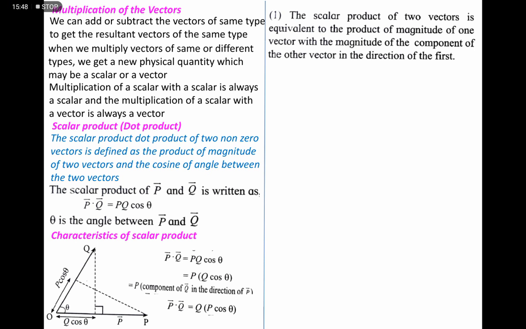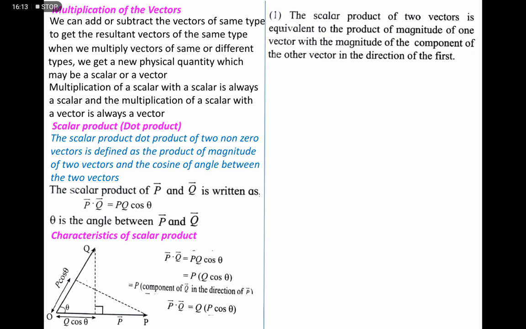From this, the first characteristic is: the scalar product of two vectors is equivalent to the product of the magnitude of one vector with the magnitude of the component of the other vector in the direction of the first vector.